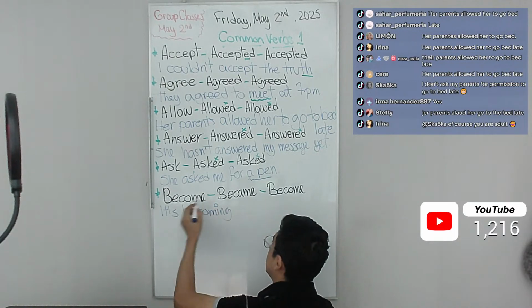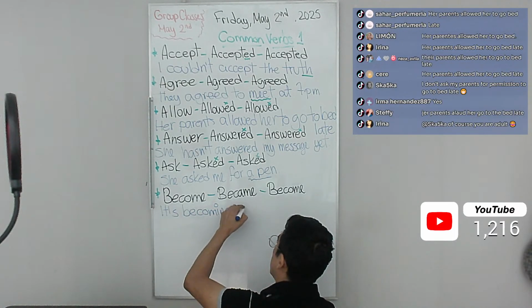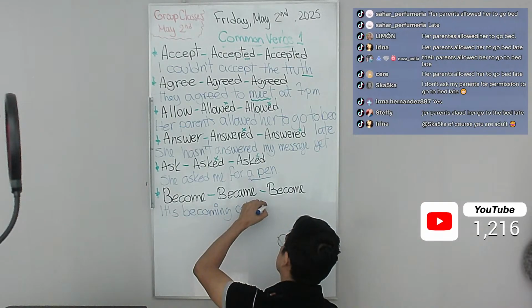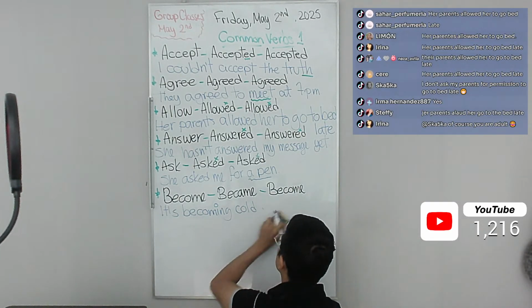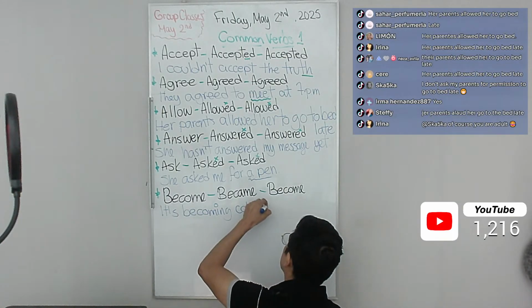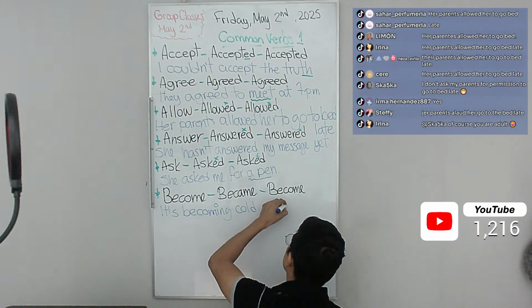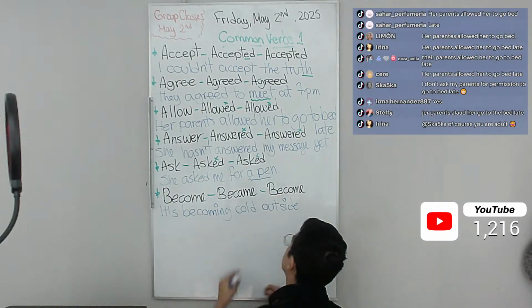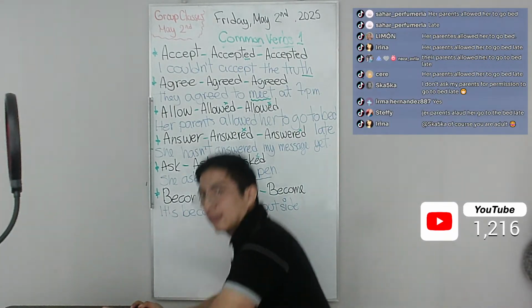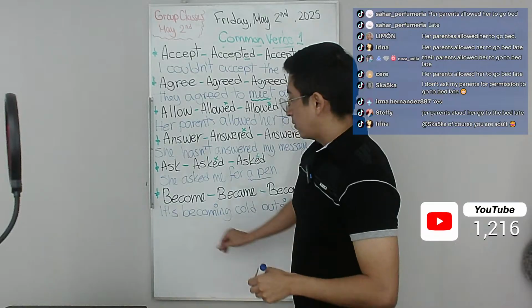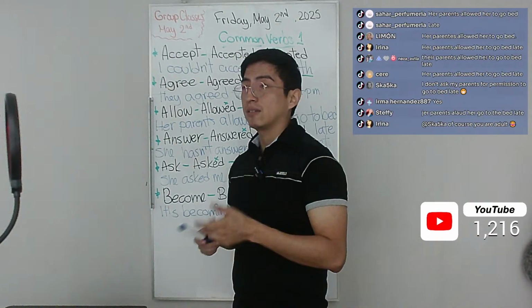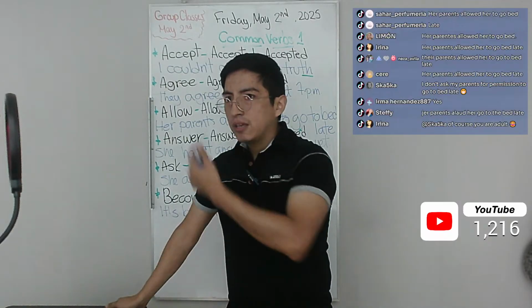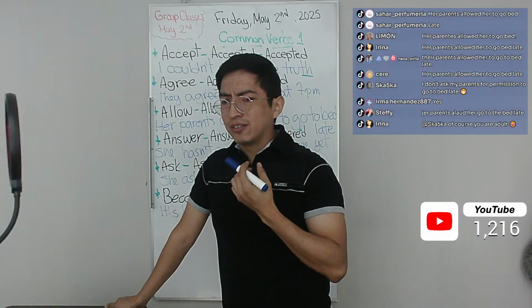Okay, it's becoming cold outside. So the other way that we can use here is get. You can use get, or you can say he's getting angry at this moment.